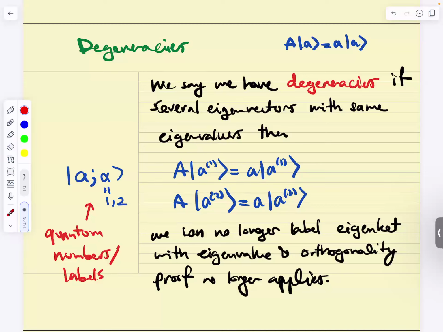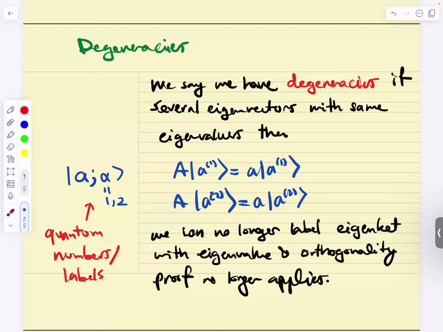So this notation is not very good. This is the setup of degeneracies. What we should be writing is, for example, consider two vectors, ket A1 and A2, which are inequivalent, but they have the same eigenvalue A. So these are degenerate.